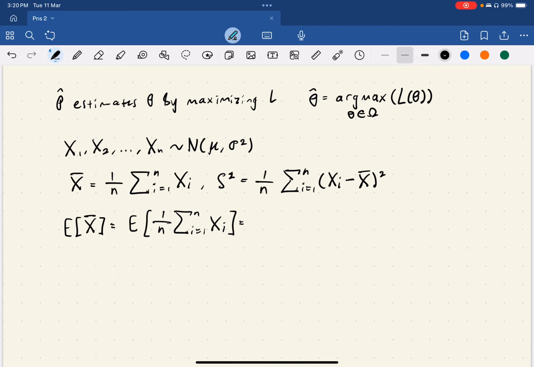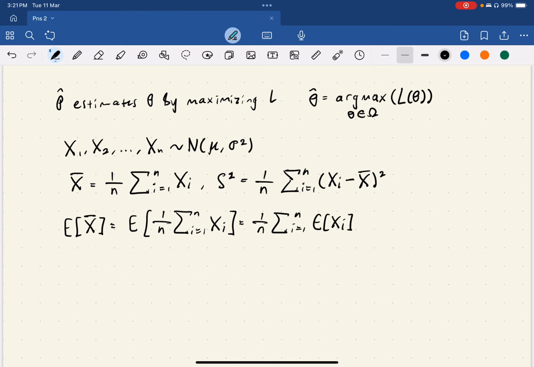Since the expectation is a linear operator, you still remember the linear algebra that you learned, right? So it follows the property of linear operators, and this becomes true.